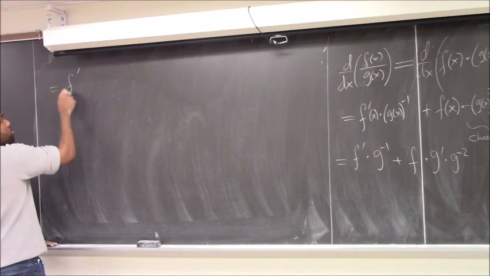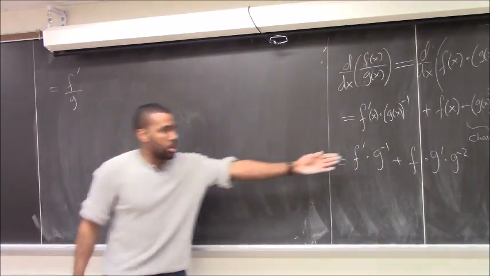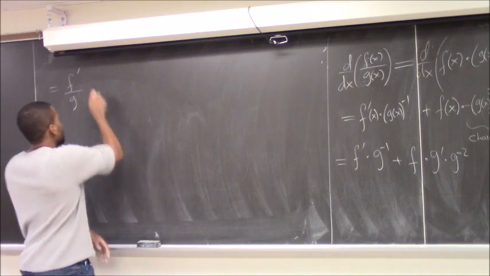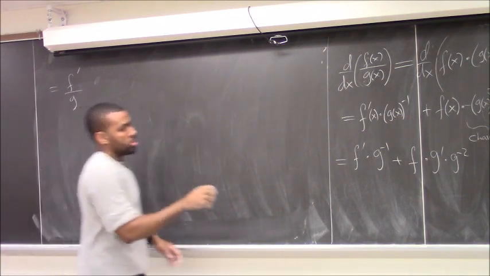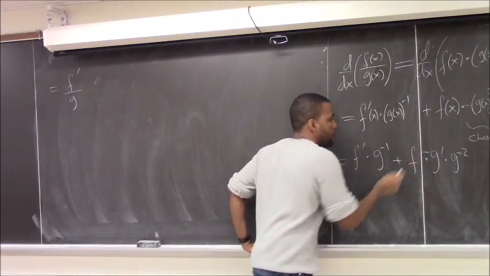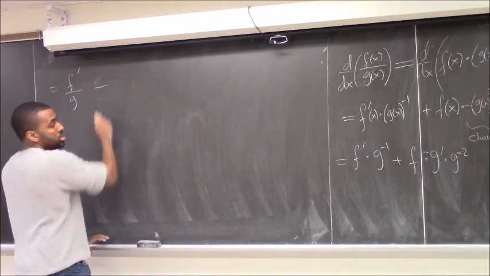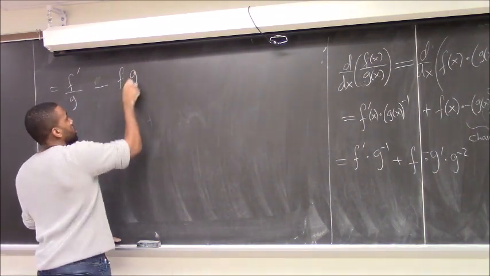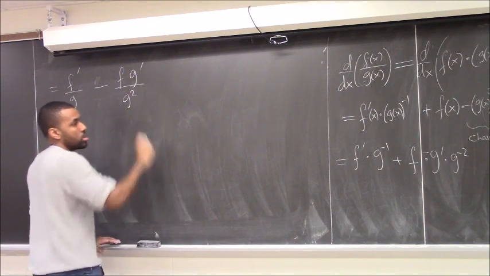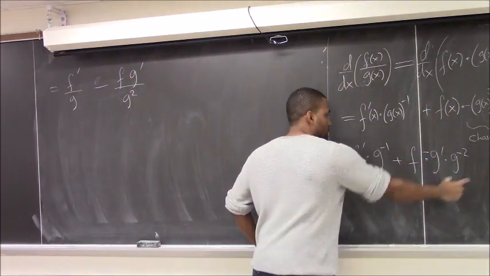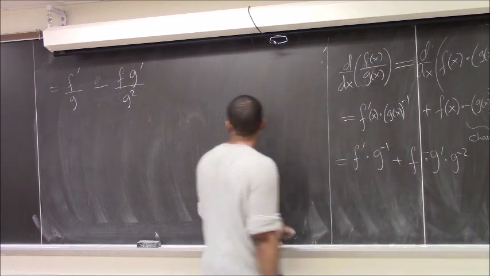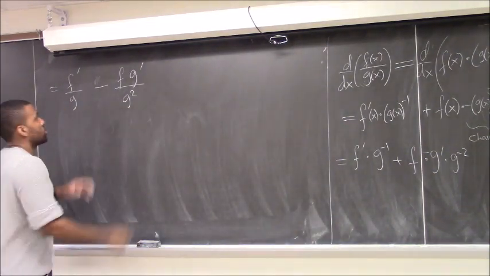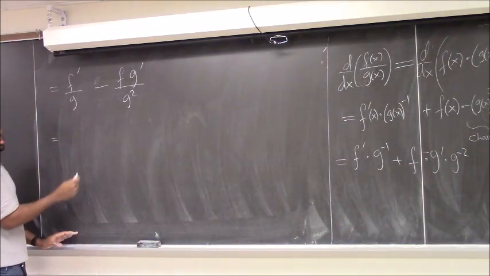So essentially I have f prime divided by g, because g to the minus 1 is just 1 over g. There's a minus here. And so I have minus f times g prime divided by g squared. Right, so the g to the minus 2, I moved down to the bottom, the minus sign came out in front here. So now I have two fractions, let's combine it into one common denominator.